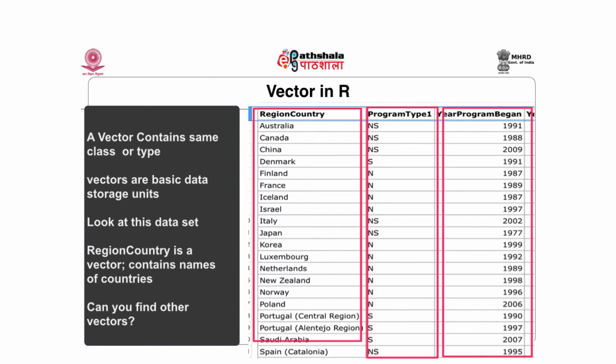So if it is a name variable, then it will only contain string values. If it's a year variable, then it's only going to contain year or time data. So similar types of data strung together constitute a vector.